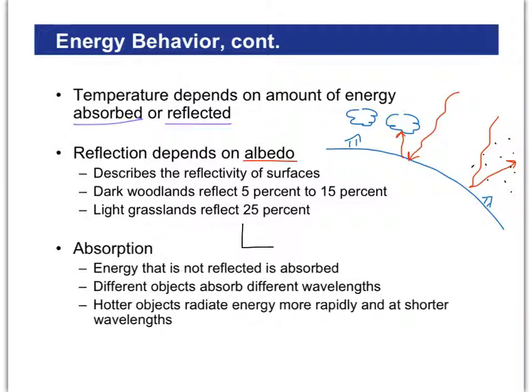This right here has a low albedo. Something that's black or dark has a low albedo. It does not reflect light as well, or at least not visible light. So depending on how it reflects radiation back, that determines the albedo.